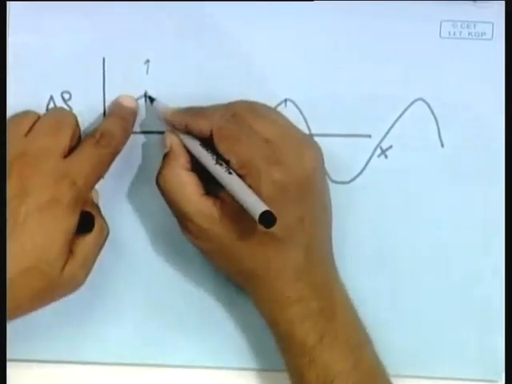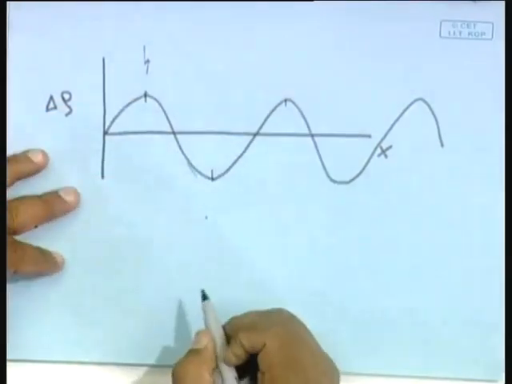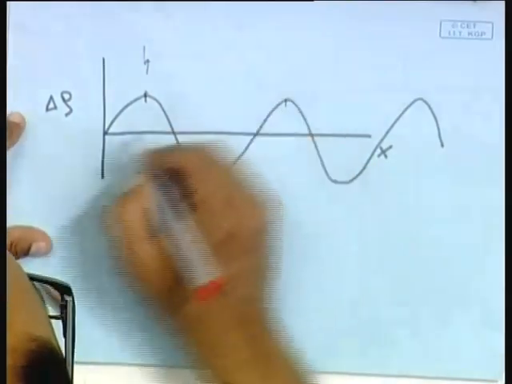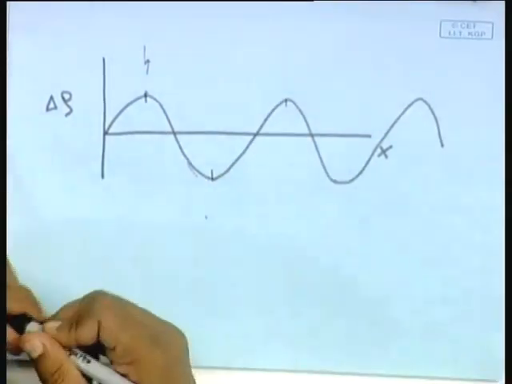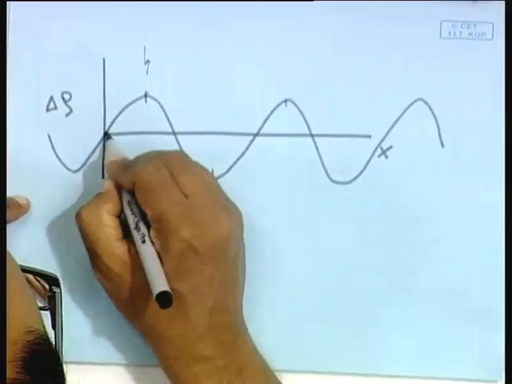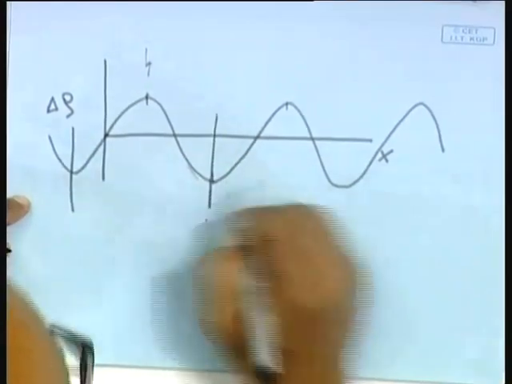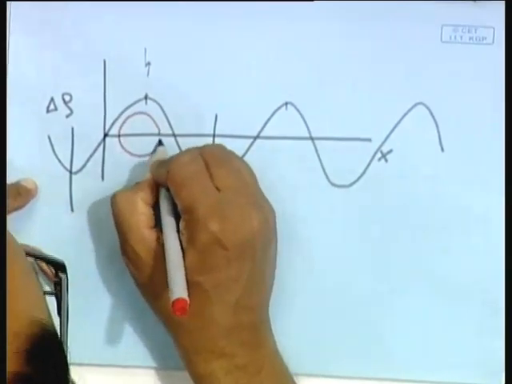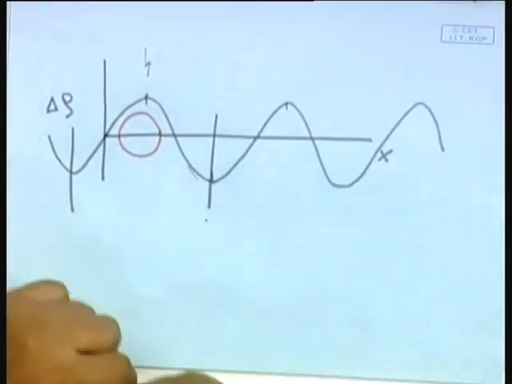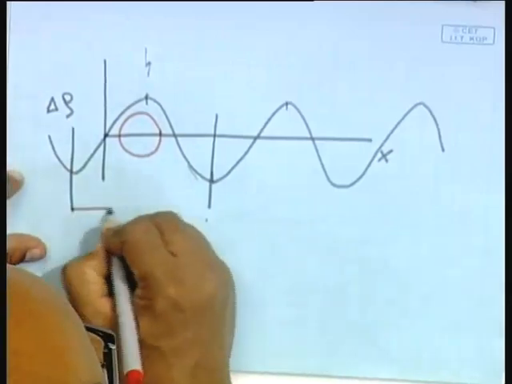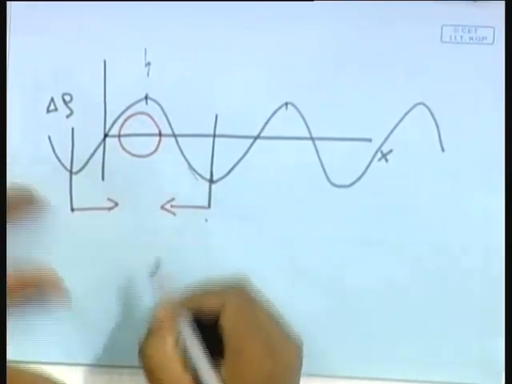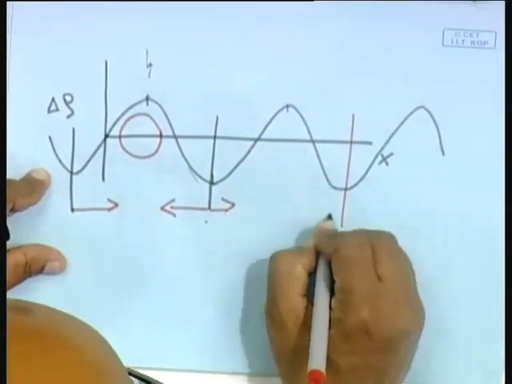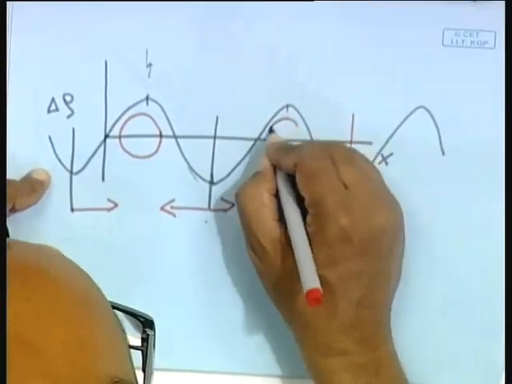The density here is going to increase, which essentially means that the matter in this region, between here and here, gets attracted and collapses over here. Similarly, the matter within this collapses here.